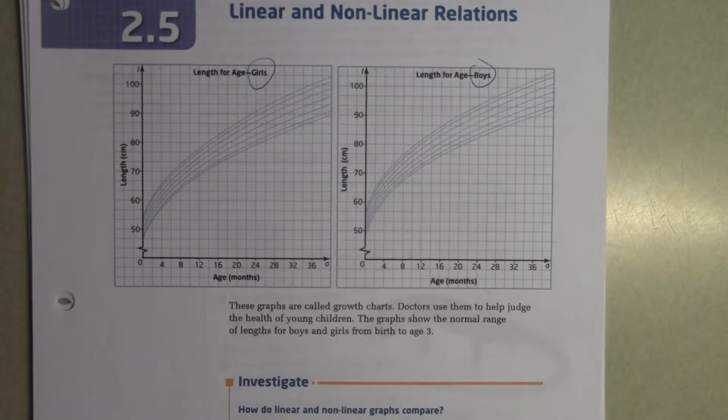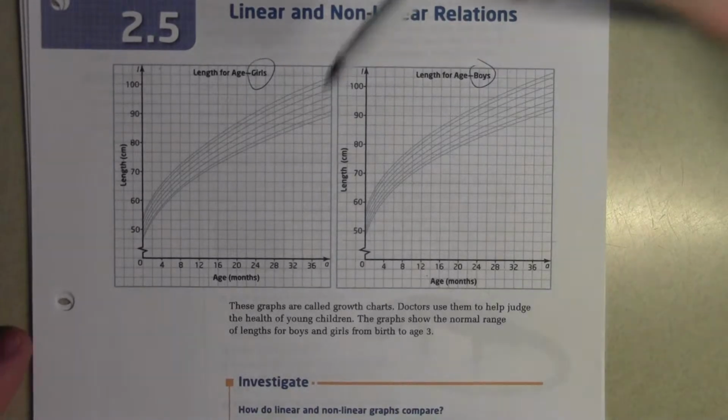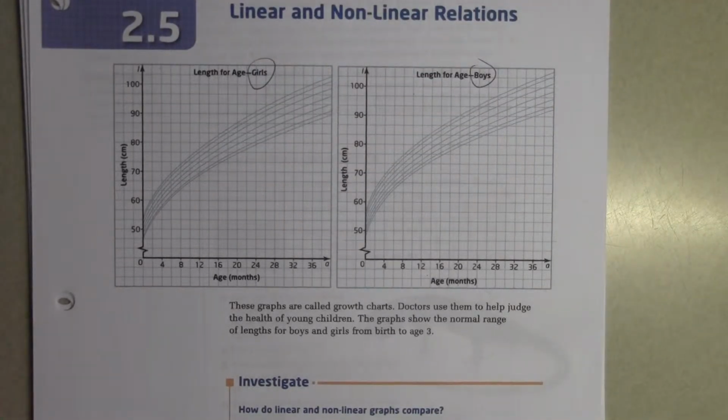Yeah, Tyler? You could say that they're both growing. So yeah, you can say that they both have an upward trend. Christian? They both seem to be increasing at the relatively same rate. Okay, good. How does the growth of young girls differ from that of young boys? Yeah, Adam.